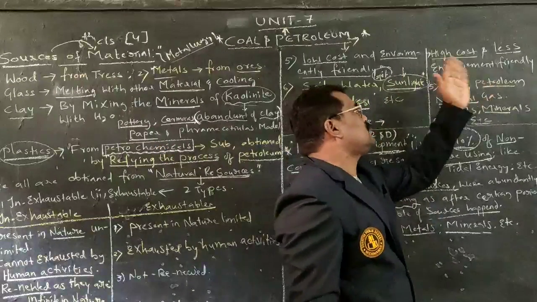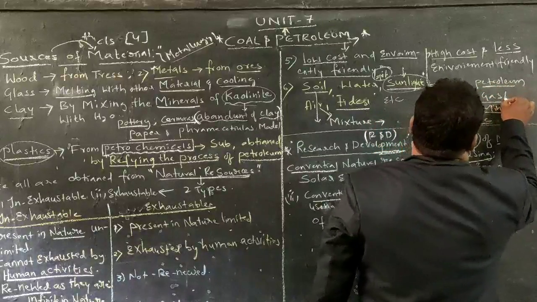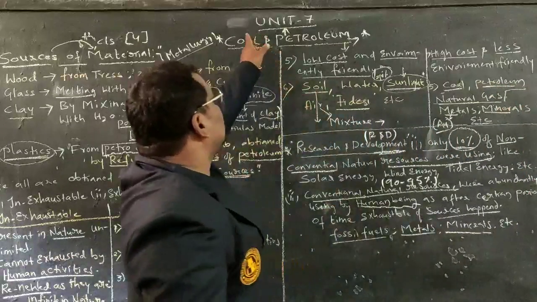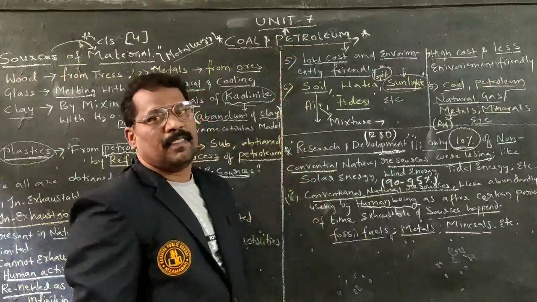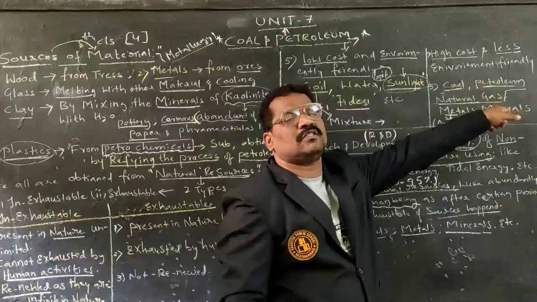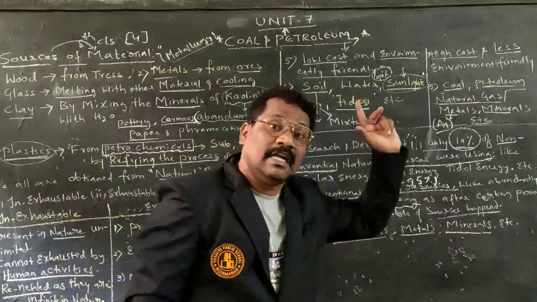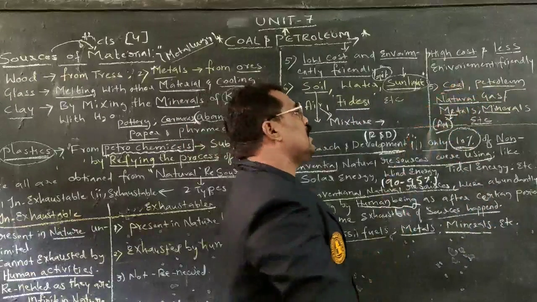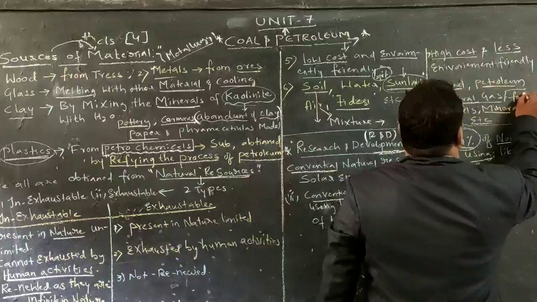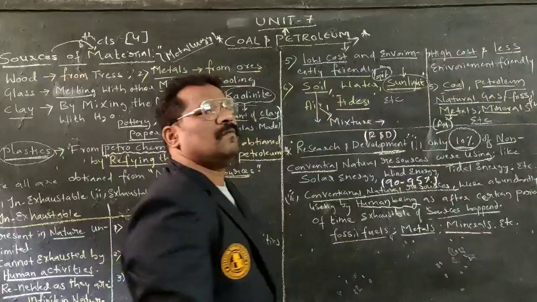But when it comes to exhaustible natural resources, there are coal, petroleum and natural gas. As we are discussing, the chapter is about coal and petroleum. These exhaustible natural resources, coal, petroleum and natural gas, we will discuss in detail. They are called fossil fuels.